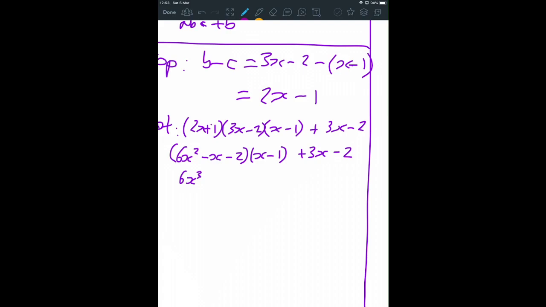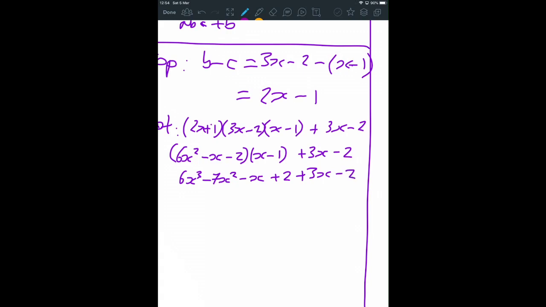You've got a minus 6x squared and another minus, so it becomes minus 7x squared. Our x term, we've got minus 2 plus 1. Minus 2 plus 1 is minus x. And we've got a plus 2 on the end, plus 3x minus 2.